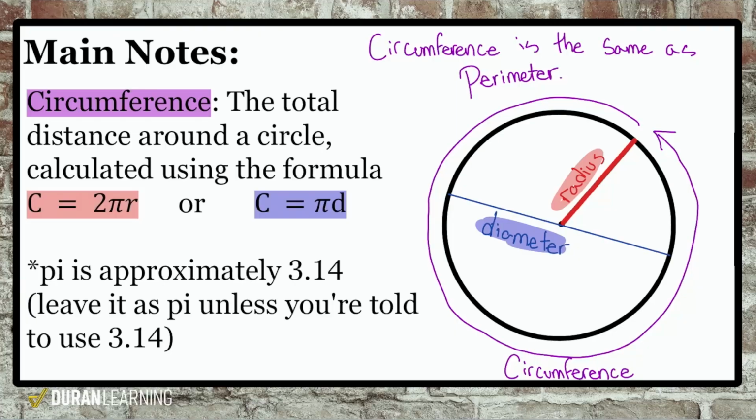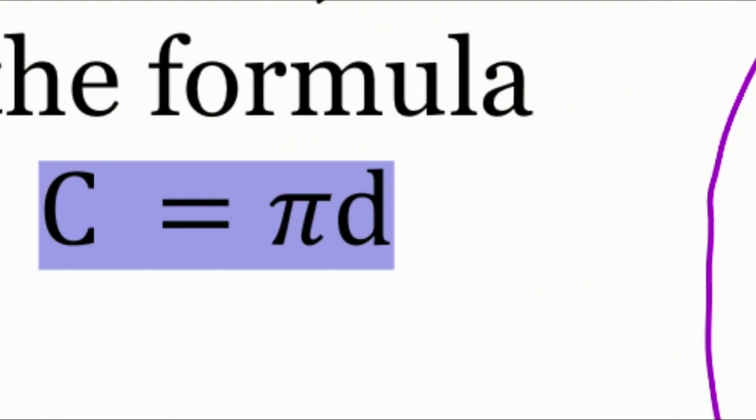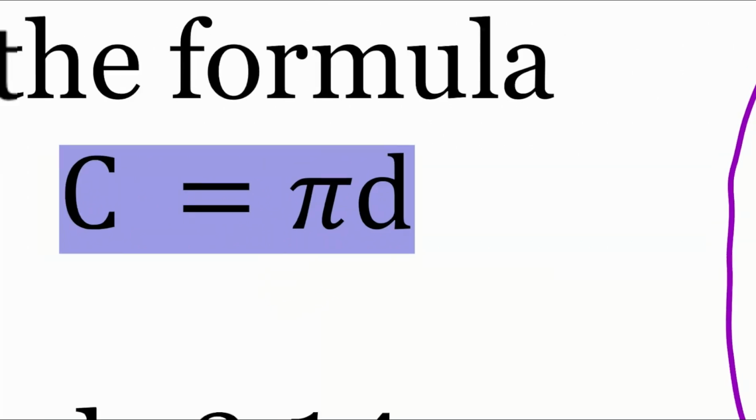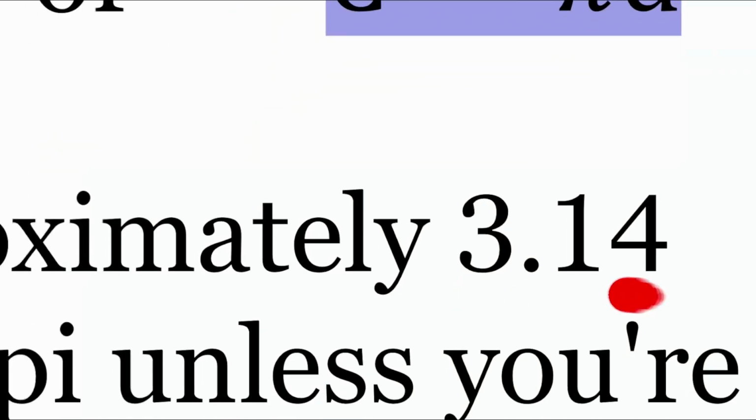The last thing I'll say is that there are problems that will prefer that you keep the pi symbol as pi, and there are other problems where they'll prefer that you approximate or estimate pi as 3.14. They will let you know which one to use.